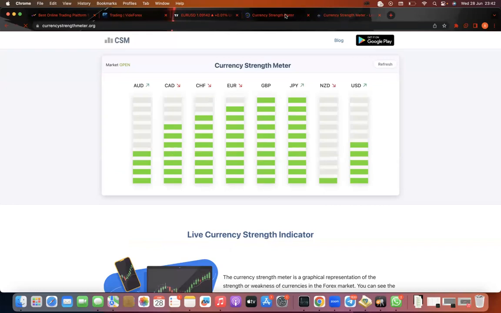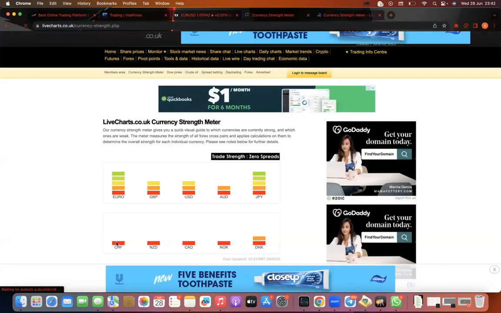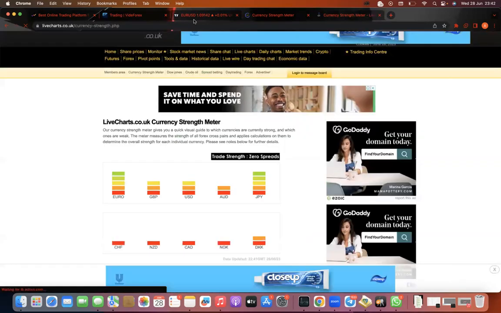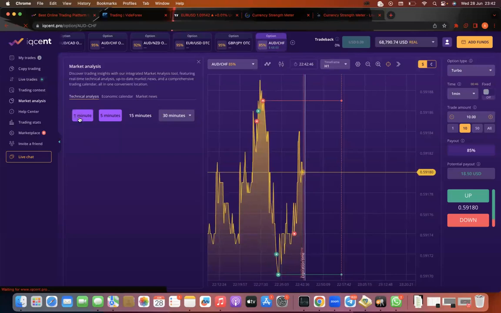This one shows AD is stronger than CHF, but this one shows CHF is stronger than AD. They work on two different time frames. From what I've noticed, this one works on the 15 minute time frame, while this one is for 5 minutes. So you can get both of them from Market Analysis.